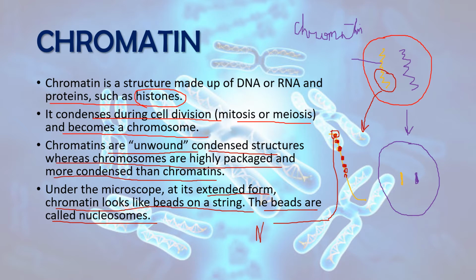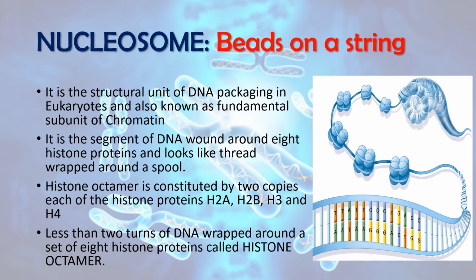So let's discuss what the nucleosome is. Nucleosome basically plays the role of the beads in the beads on a string model of chromatin. In this model of chromatin, the bead part is played by the nucleosome.